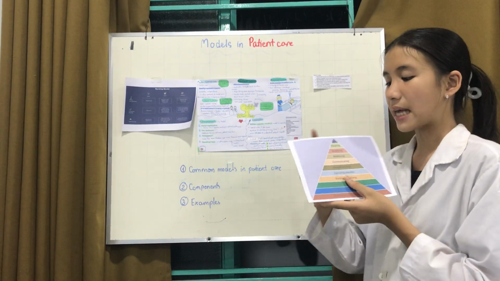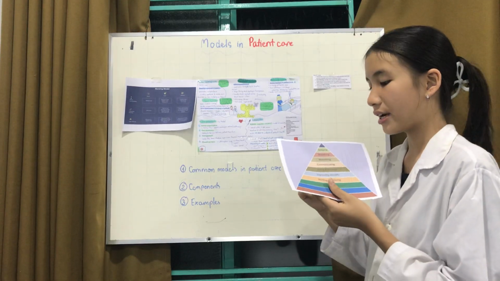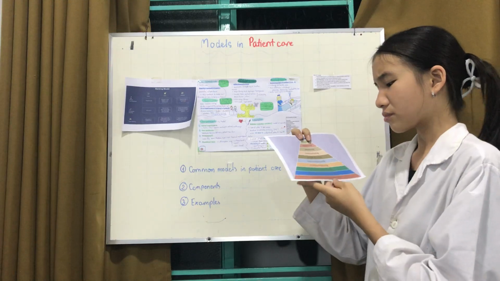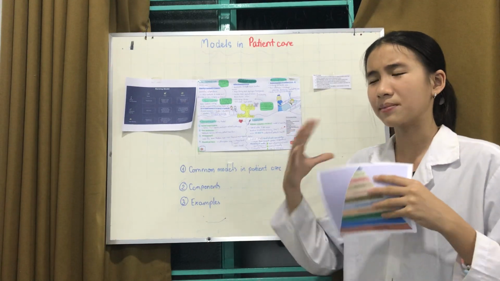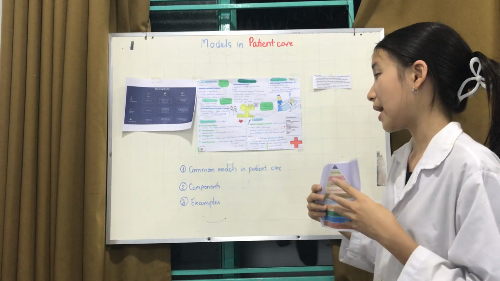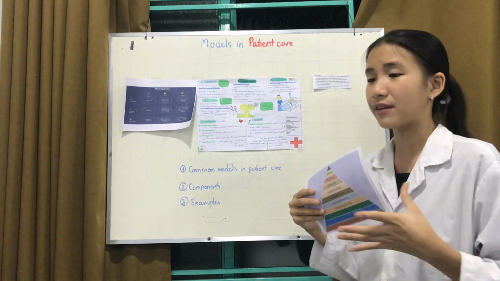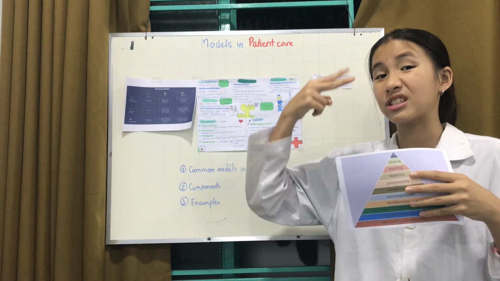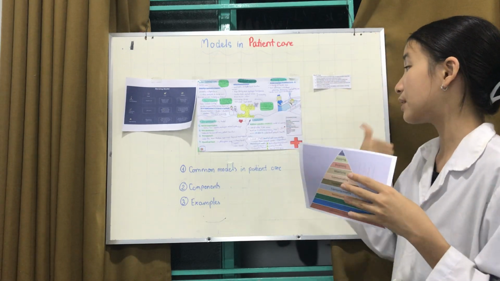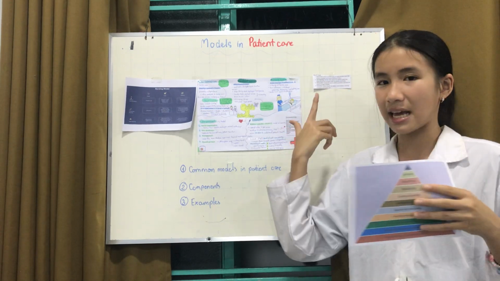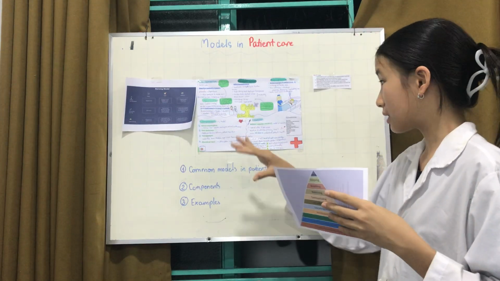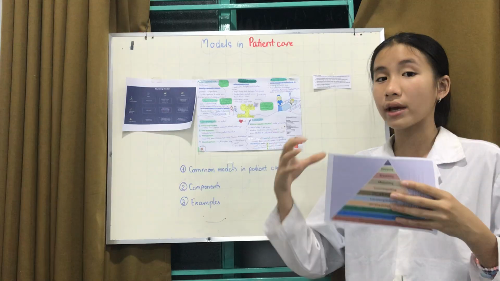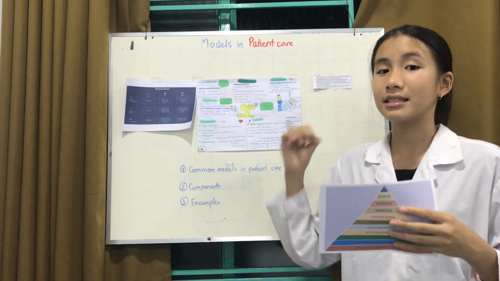The second one is safety and security, and the third one is love and belonging. Love and belonging will sometimes be excluded from most nursing care and interventions. So most nursing care and interventions will focus on the first two, which are basic physiological needs and safety and security. So those are some of the aspects and characteristics of the Roper, Logan, and Tierney nursing model.